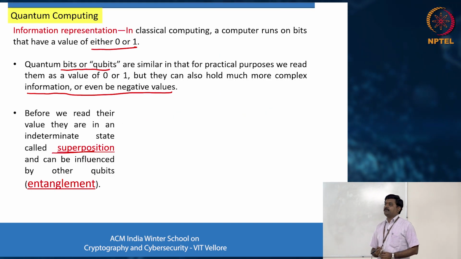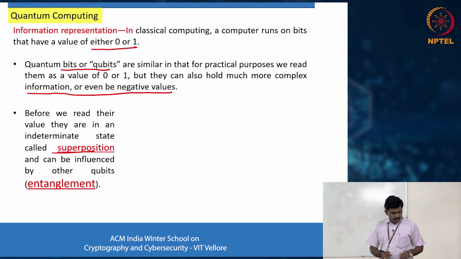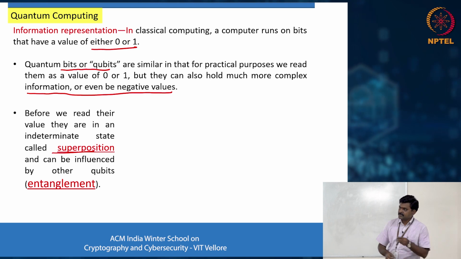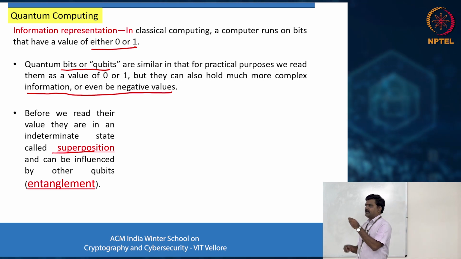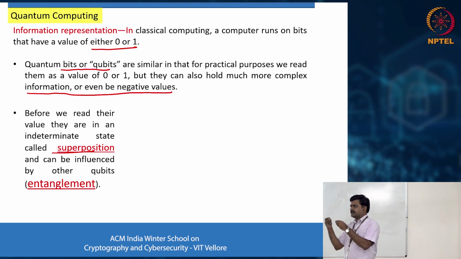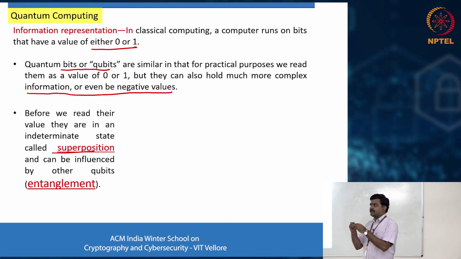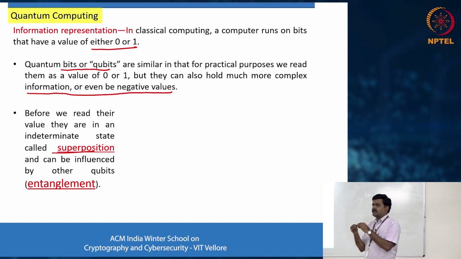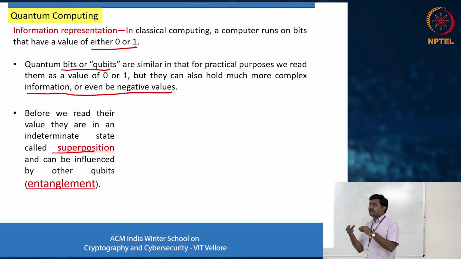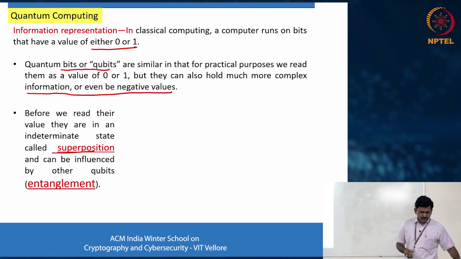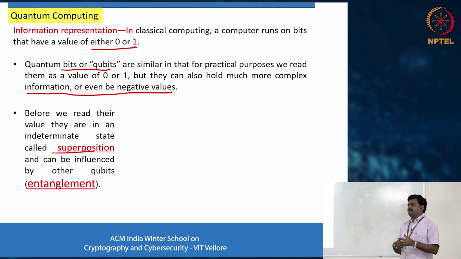Another important property of qubits is that, in the case of classical bits, this is one bit. Imagine you have one more coin, it is another bit. But in the case of a quantum computer, these qubits are all interlinked, so they work together.